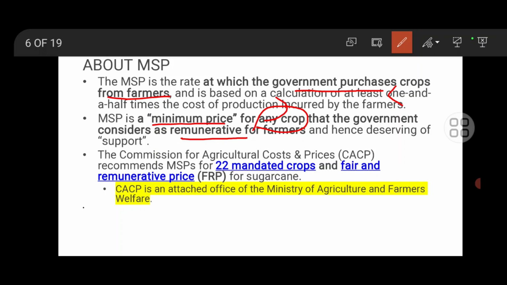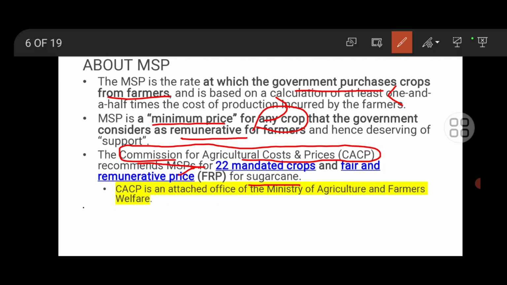CACP, that is the Commission for Agricultural Costs and Prices, recommends MSPs for particular crops. Except sugarcane, for all other crops MSP is determined and recommended by CACP.